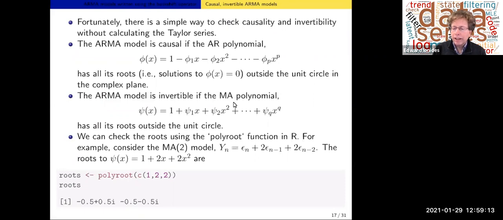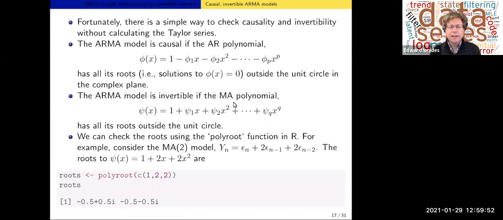So the ARMA model is causal if the autoregressive polynomial phi of x has all its roots outside the unit circle in the complex plane, and a root is a solution to phi of x equals 0. And so that's something that one can check. Sometimes you can find the roots by hand. If p is larger than 2, that may often be hard to do, and so it's nice to have software to do that for you.